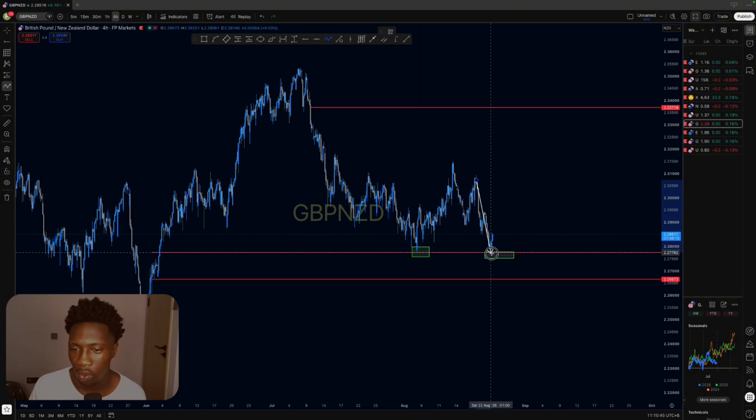So right now, if you want to open a trade on GBPNZD, you need to wait for another confirmation, which is going to be a move to the upside to reach this high, which will change the structure on this pullback, because we don't want the reversal to be lower than this one.